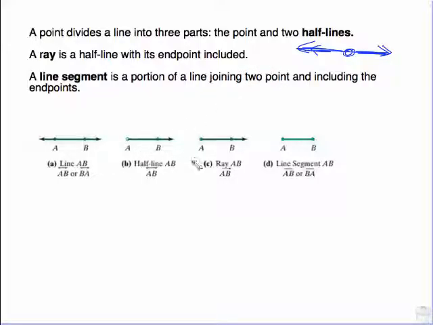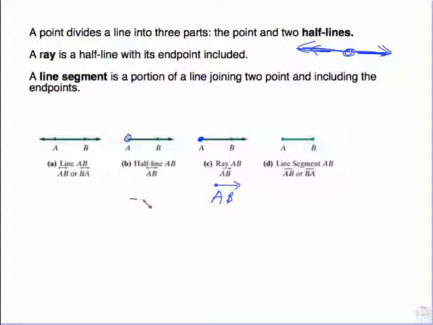So there's a tiny little difference between half line AB and ray AB, and you might not be able to see it very clearly on this. The half line has an open circle because it does not include that endpoint. Ray AB is colored in. Ray AB, blown up a little bit, is this.